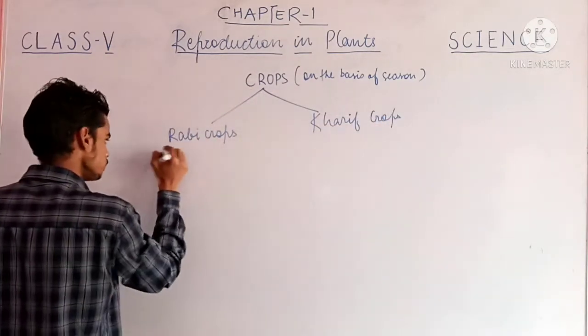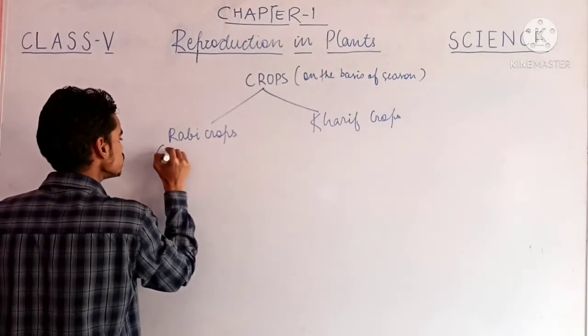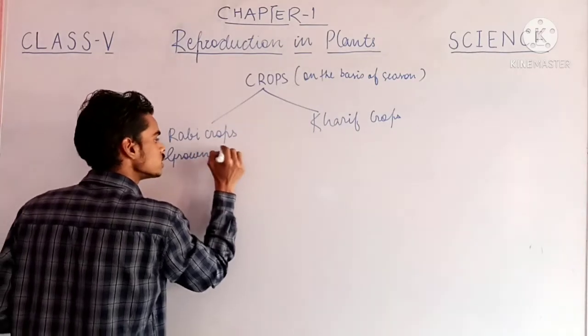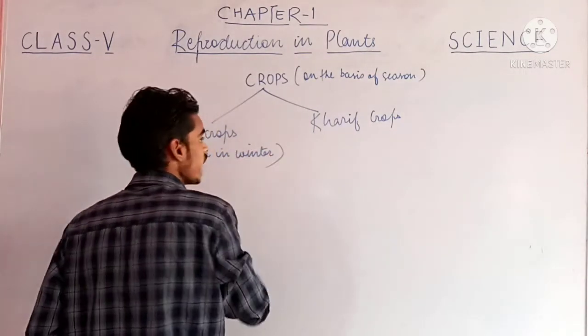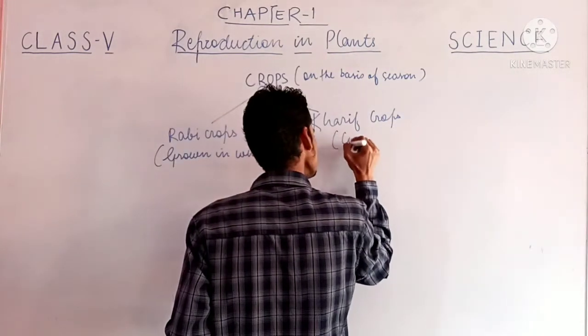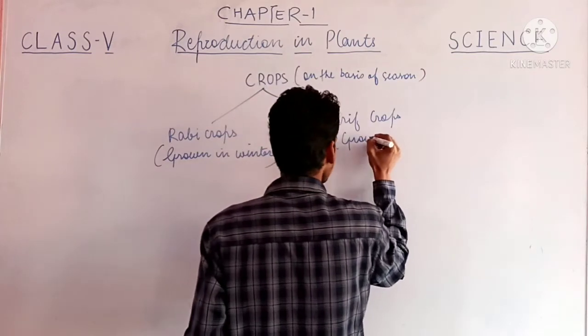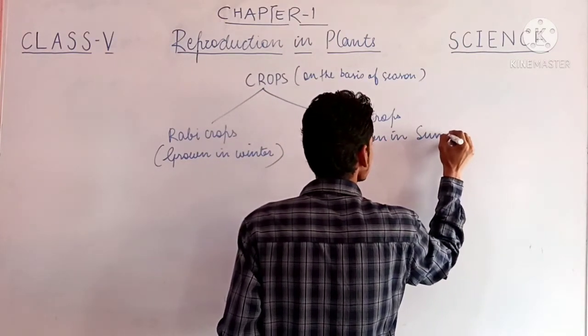Rabi crops are grown in winter, and Kharif crops are grown in summer.